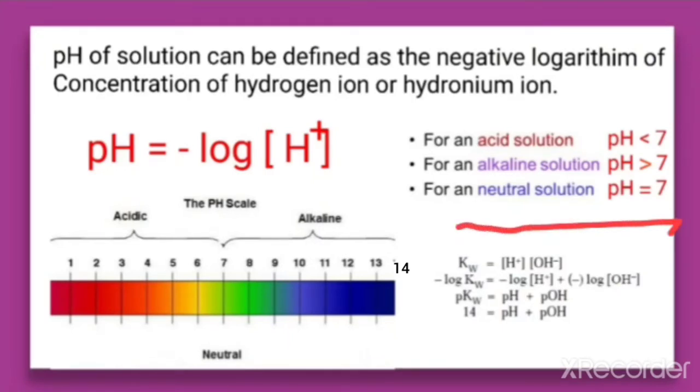As we have already learned, the formula for Kw, the ionic product, is equal to concentration of H plus into concentration of OH negative. So when we take negative log on both sides, minus log of Kw is equal to minus log of concentration of H plus minus log of concentration of OH negative.